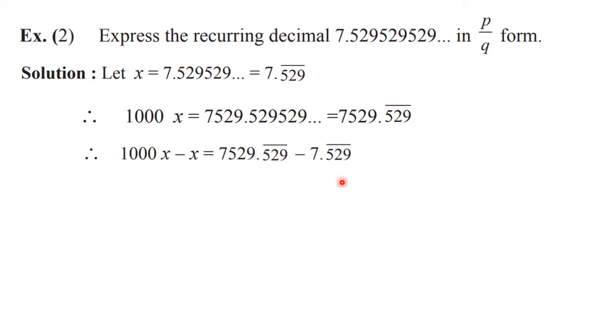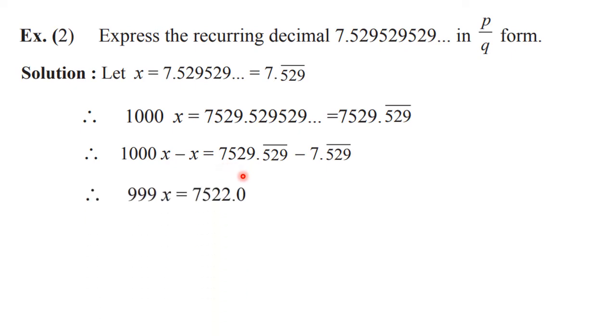Okay, so simply subtract here, left hand side from left hand side, and right hand side from the right hand side of the previous equation. Okay, so 1000x minus x, you are going to get 999x, and here this recurring 529 will get cancelled, and here 7529 minus 7, so 9 minus 7, 2. What is our answer? 7522.